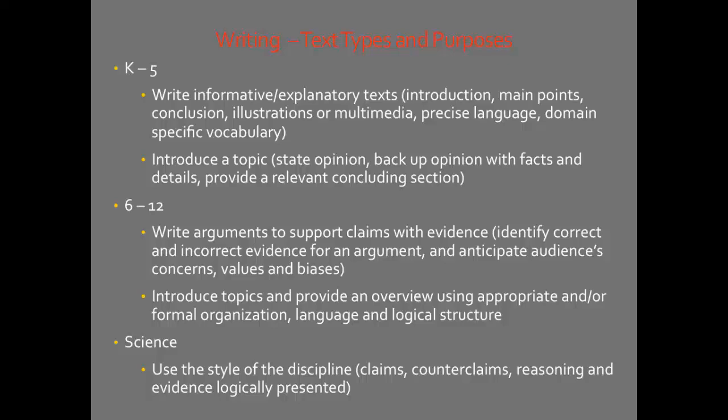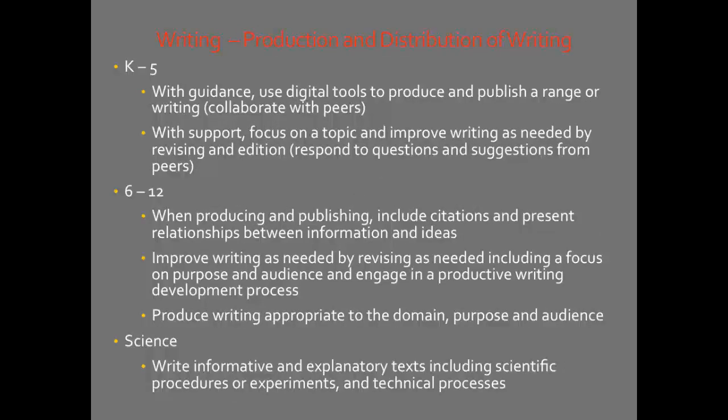For text types and purposes, we have this build up to writing different sorts of informative or explanatory texts using different sorts of media, thinking about how to write arguments, supporting claims with evidence, and also using an appropriate style for the discipline of science.